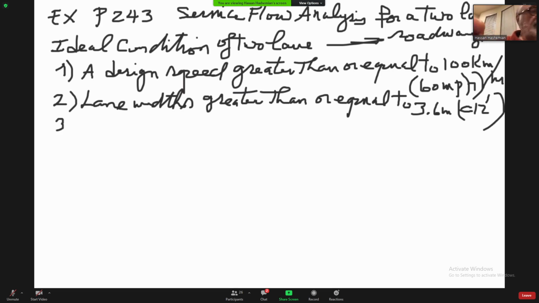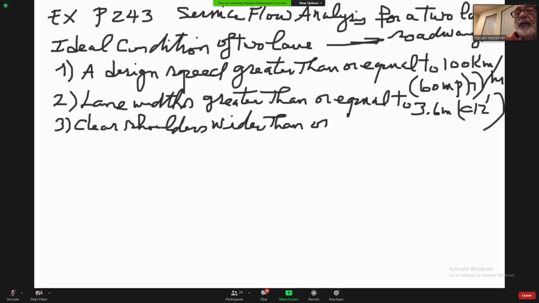The third one, clear shoulders wider than or equal to 1.8 meters, or about 6 feet.